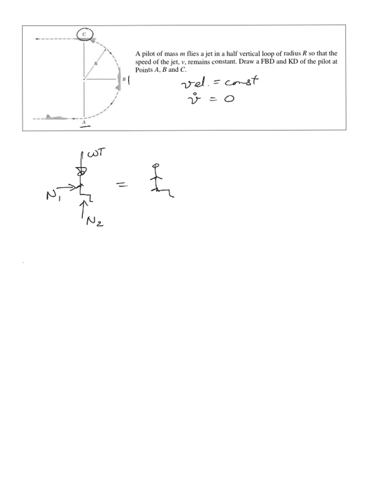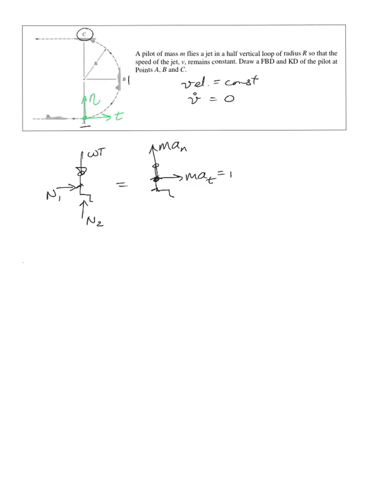So if we go up and look at our picture here at point A, we have just entered into a half loop. So what we're going to do is use normal tangential. The tangential, again, is tangential to the path, and normal is towards the middle of the circle. And we have two accelerations over here: mass times a tangential, and mass times a normal.